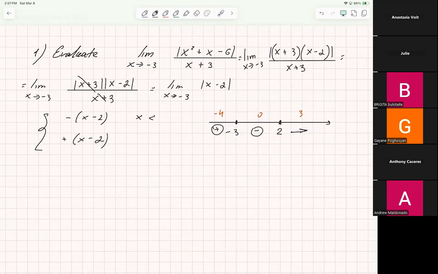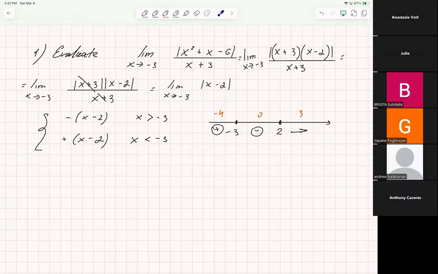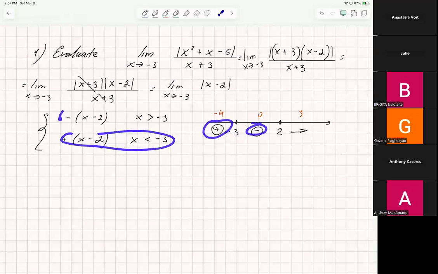So we see that we have the top function with the minus when x is greater than -3, and x is less than -3, right? Okay, so the positive side for this one and the negative side for this one, right?